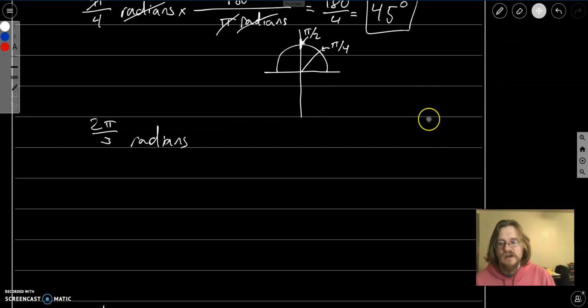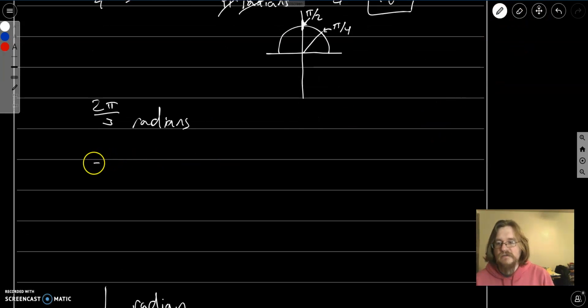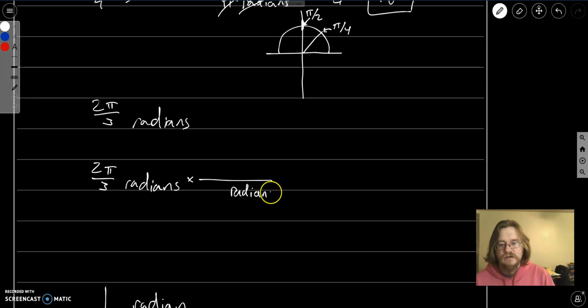Let's do another one. If I have 2/3 pi, so 2 pi over 3 radians, I want to cancel out the radians with degrees, and in order to be multiplying by 1, I can't change this value, so I need something on the top and bottom of this fraction that are equal. So I know that 180 degrees is the same thing as pi radians.